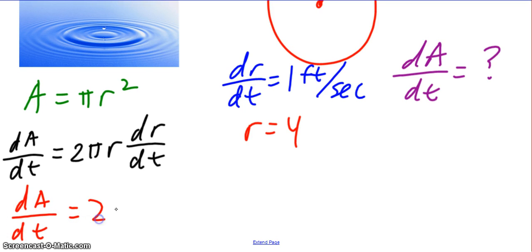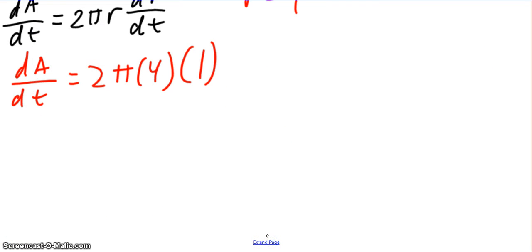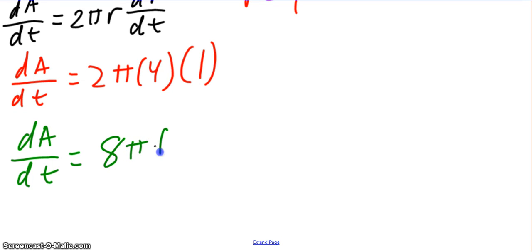So dA dt is 2 pi times 4 times 1, so I know dA dt is going to be 8 pi feet squared per second.